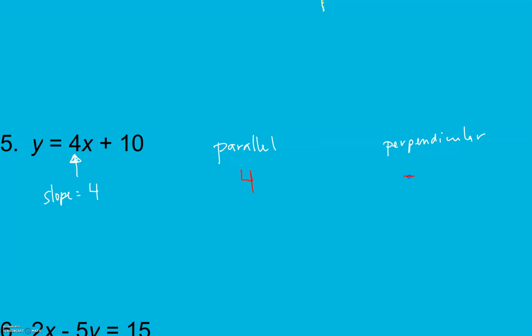Perpendicular lines have opposite, so since 4 is positive, opposite reciprocals. Numerator goes to the denominator, and remember we can write this as over 1. Denominator goes to my numerator. So parallel slope is 4. Perpendicular slope is negative 1/4.